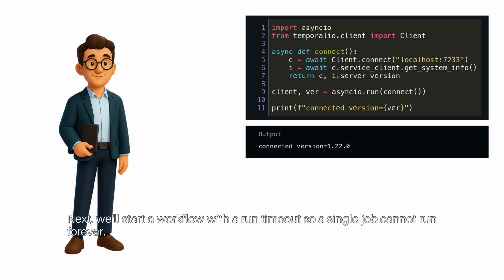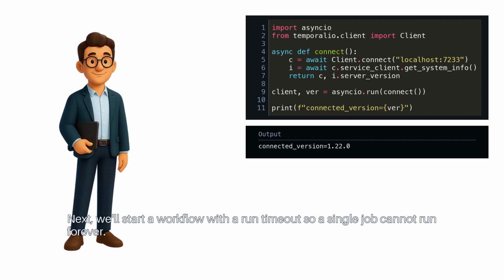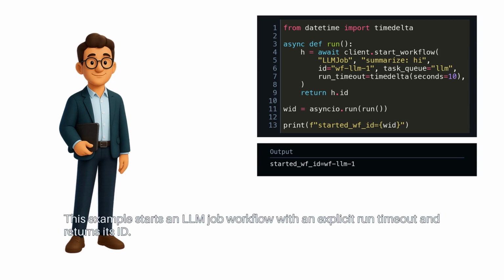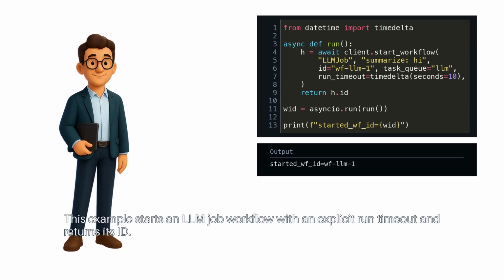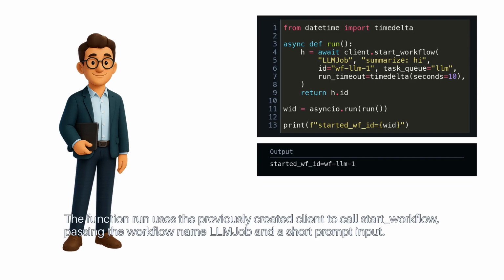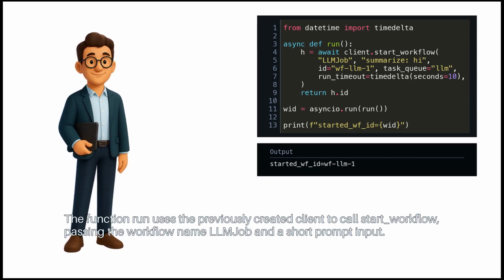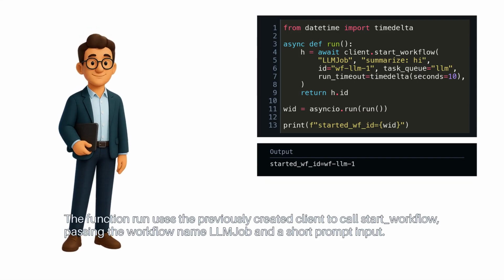Next, we'll start a workflow with a run timeout, so a single job cannot run forever. This example starts an LLM job workflow with an explicit run timeout and returns its ID. The function run uses the previously created client to call start_workflow, passing the workflow name LLMJob and a short prompt input.